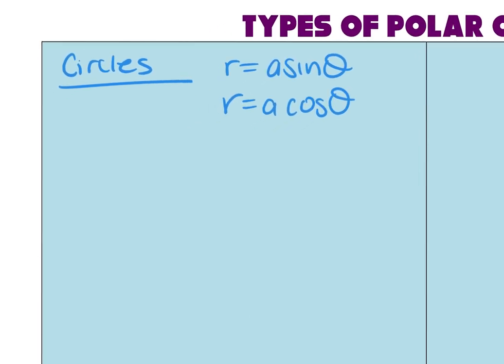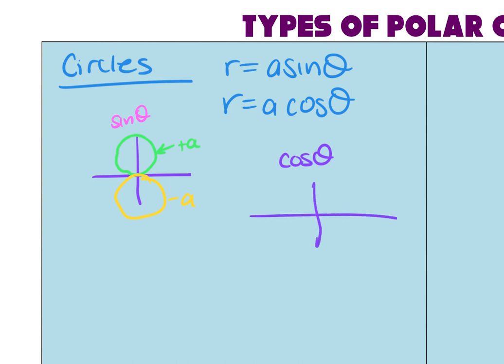And so these have 2 different types. If it's sine, that means it's symmetric to your y-axis or your pi over 2. So if it's sine, it's in the top or it's in the bottom. If it's a positive A, it's the top. Negative A, it's the bottom. And if it's cosine, now it's right or left.